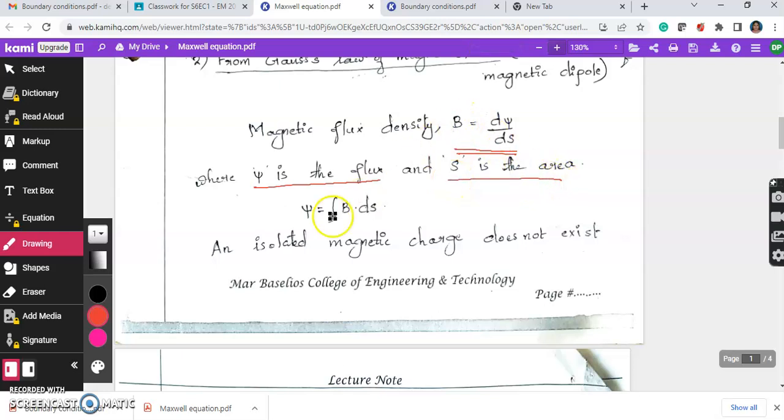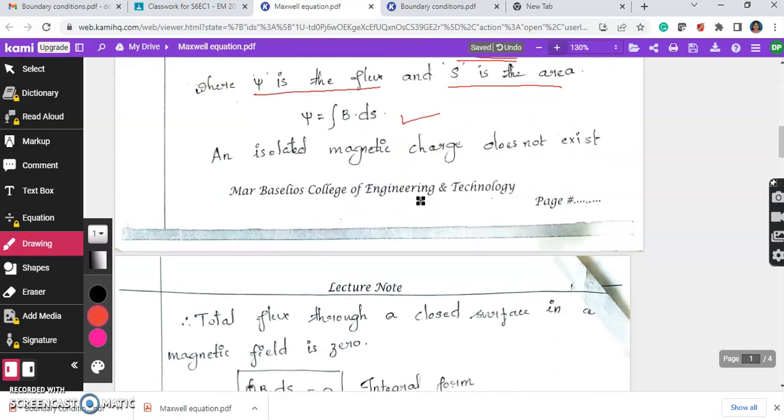Now if B is equal to d psi by ds, then psi will be the integral of B dot ds. But we know that an isolated electric charge doesn't exist. If there is no charge, there is no motion. Therefore, an isolated magnetic charge also doesn't exist.